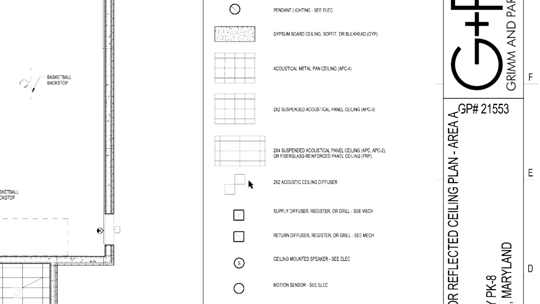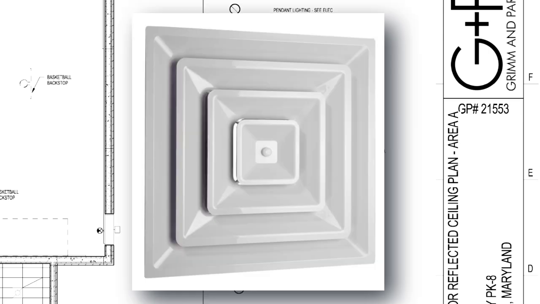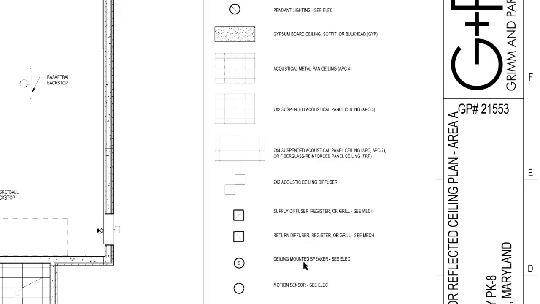And then we get down to the mechanical things that are in there. So like your diffusers, supply, return, and then here it says C mechanical, so those are your mechanical devices. And then it also says ceiling mounted speakers and motion sensors.